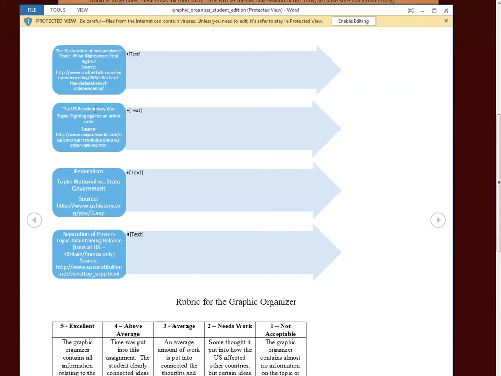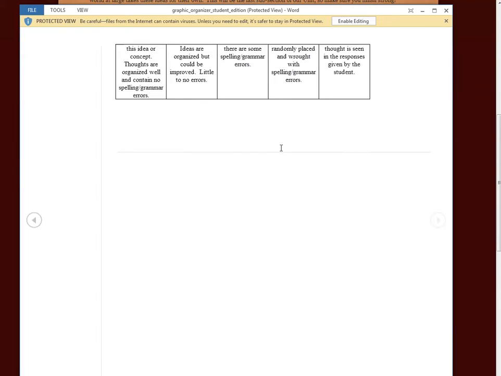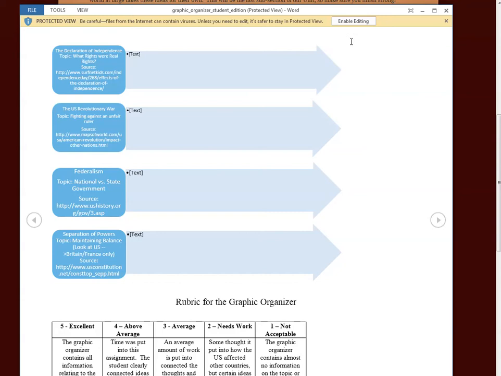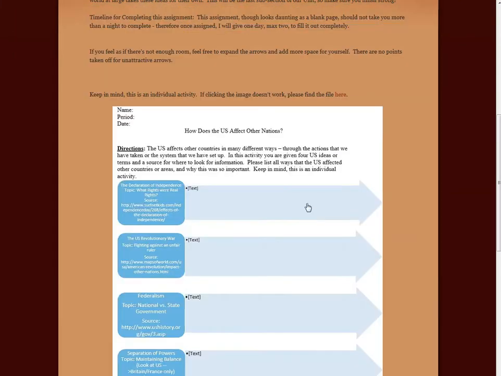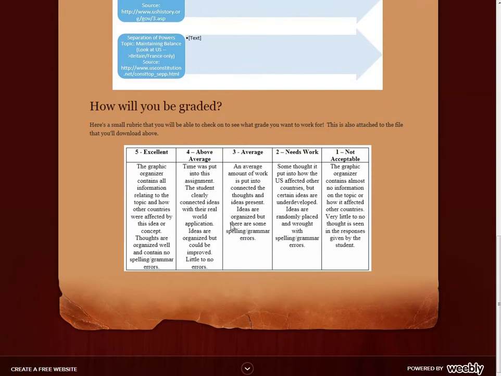So this is just a way for them to see how the U.S. affected the U.S., which is here, how it affected and keeps affecting other nations, represented by this arrow. Get them thinking about other things. As you can see, in this protected view, it has the rubric blocked. But here I included the rubric also, just so they could see it right away.